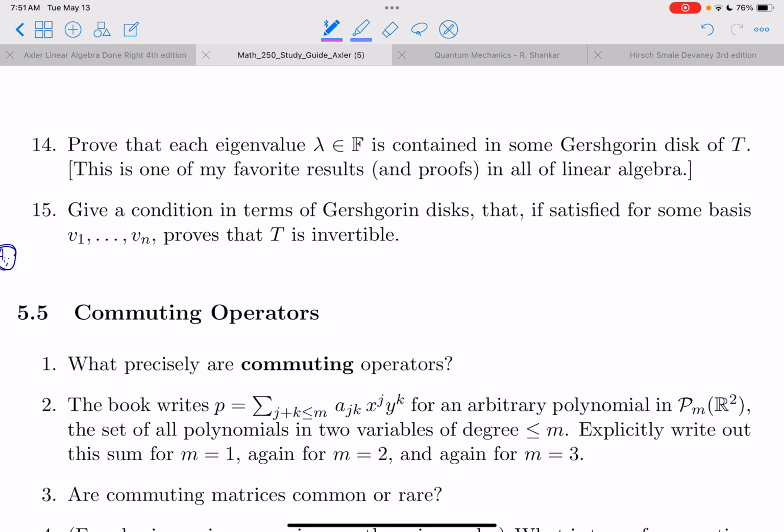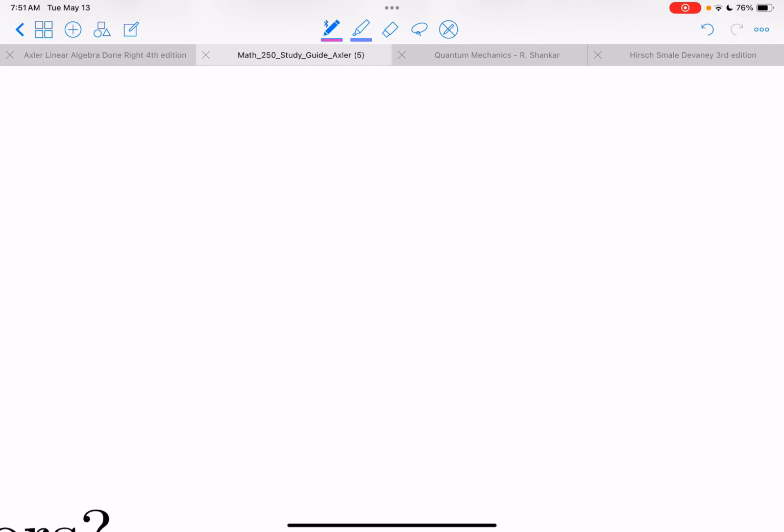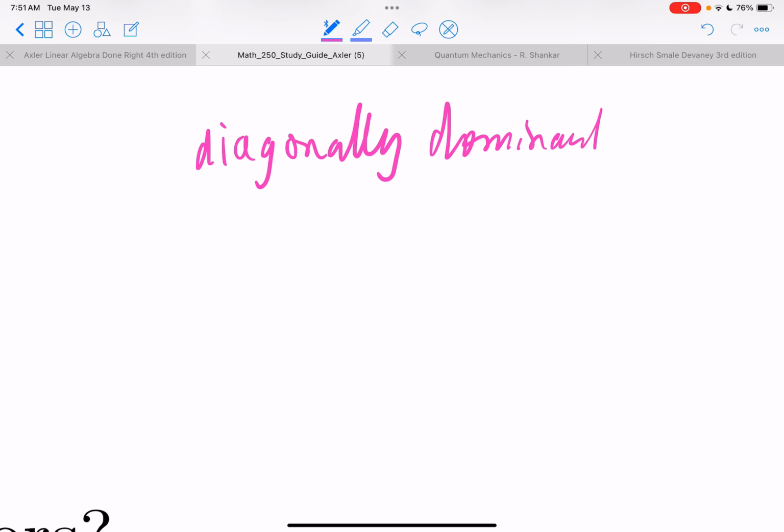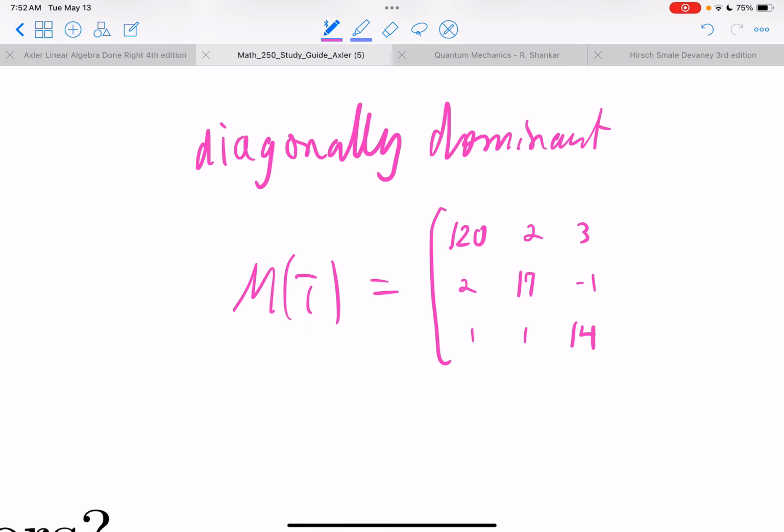And additionally, you can prove that T is invertible if this is called diagonally dominant. So if you're so lucky, you choose some basis, you write down the matrix of T, and it happens to be like 120, 2, 3, 17, negative 1, 2, and 14, 1, 1.